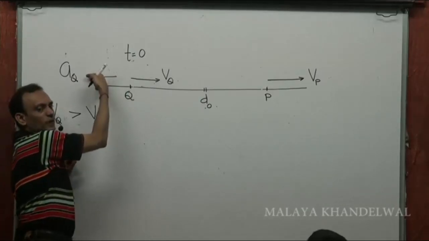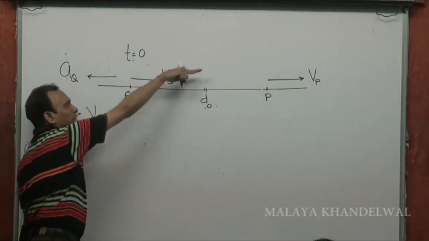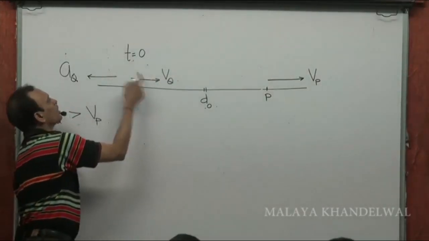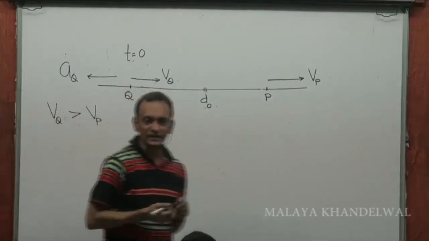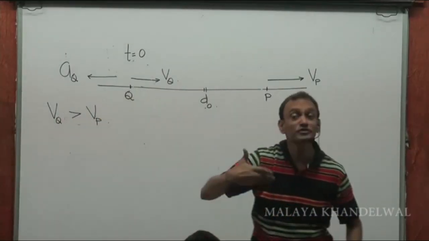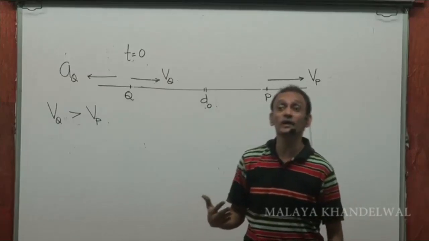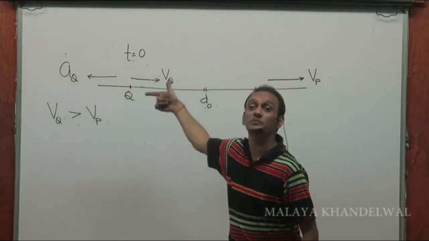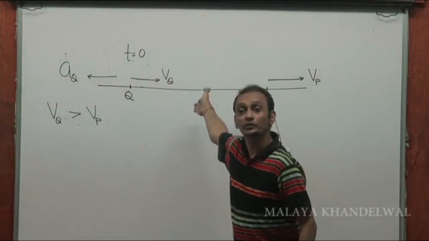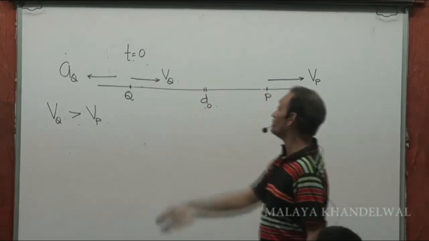For example, 5 meters per second squared to the left, and 10 meters per second to the right. It means velocity and acceleration are oppositely directed. That means it must be a case of retardation. Retardation means it's going to be AQ meters per second squared opposing Vq.